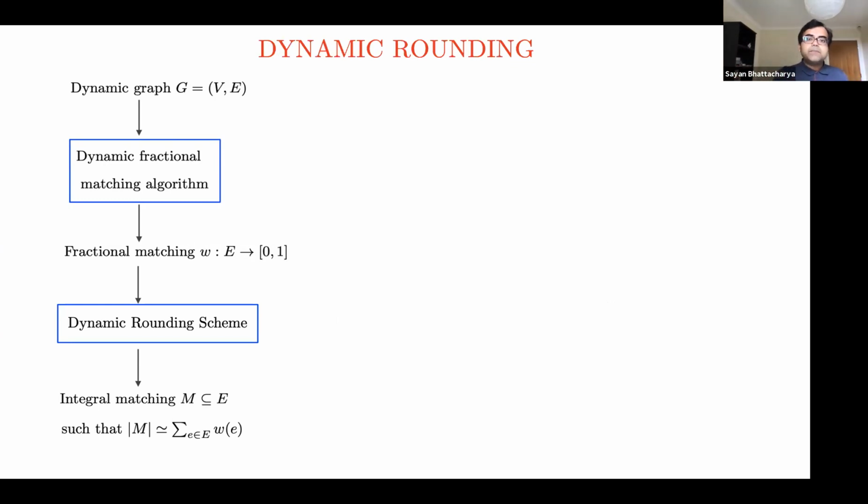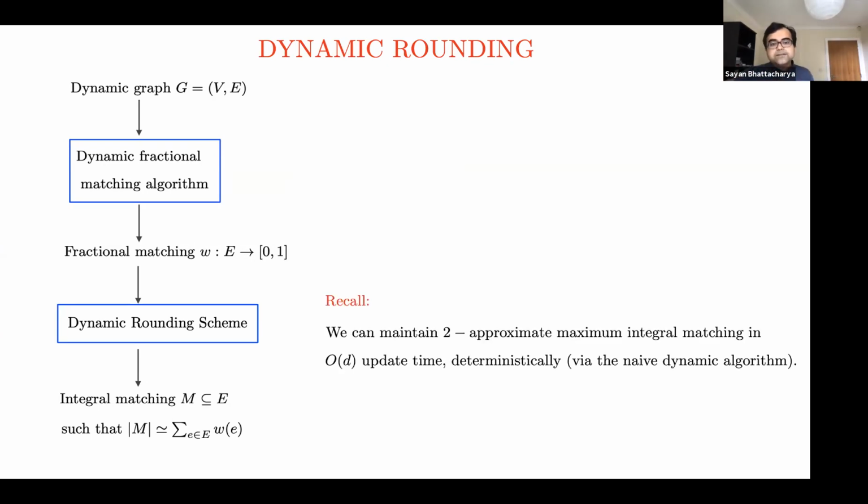Now, the key part here is the rounding step. How does this rounding step work? First, recall something we observed in the beginning of the talk, that we can maintain a maximal, that is 2-approximate, integral matching in order d update time deterministically, where d is the maximum degree in the graph, via the naive dynamic algorithm.